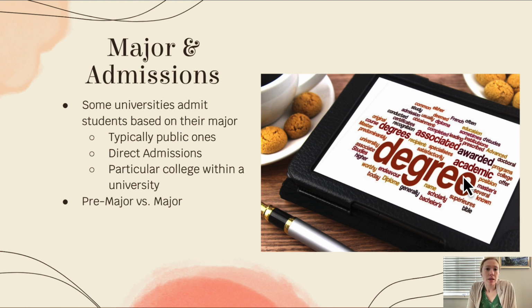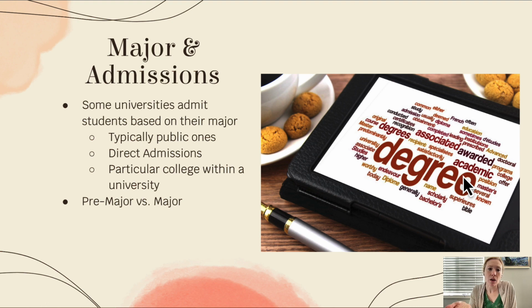Major and admissions. So I mentioned this once. At certain colleges, the major that you want to be at college can tie into how the admissions process works for your student. Some universities admit students based on major, or they'll call it a direct admit major, will be the label that they will use.